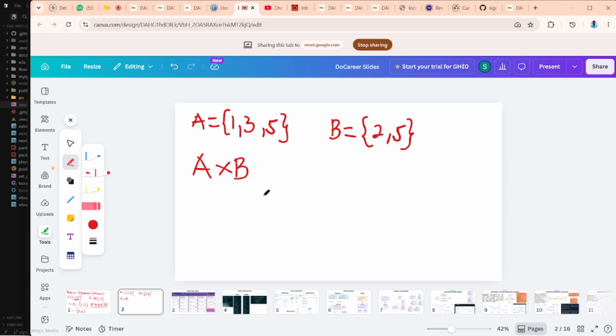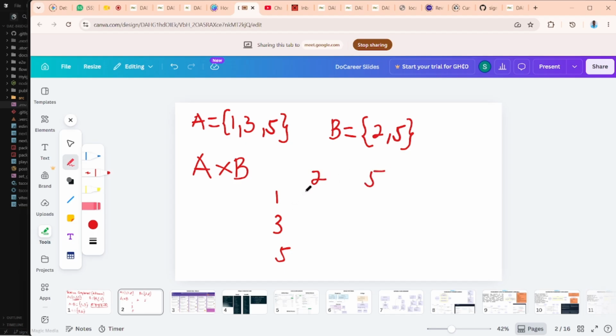Alright. So how do we find the Cartesian product of two sets? It should actually be an ordered pair. So the way we handle this is we actually form a table. To find the Cartesian product, let's say A elements are 1, 3, and 5, and the B elements are 2 and 5 here.